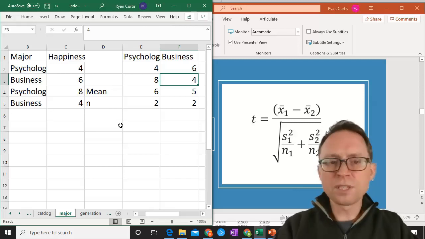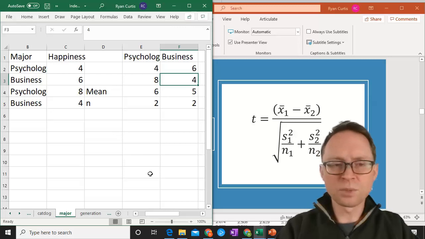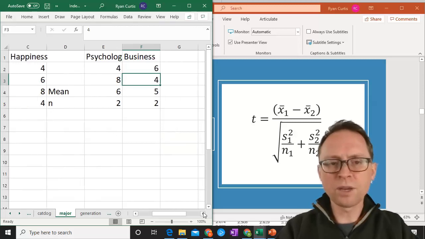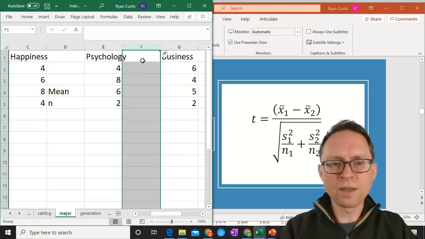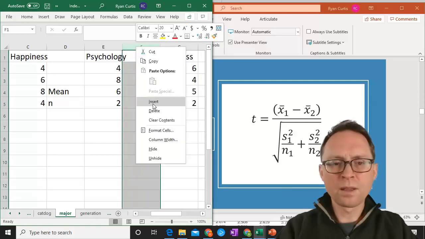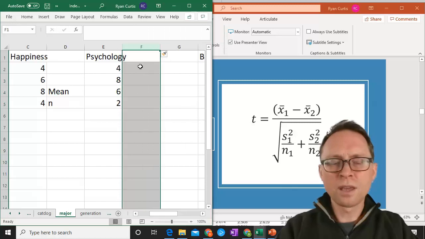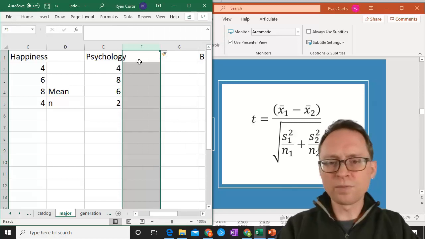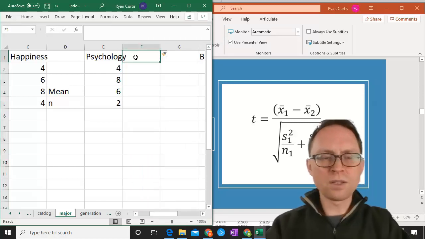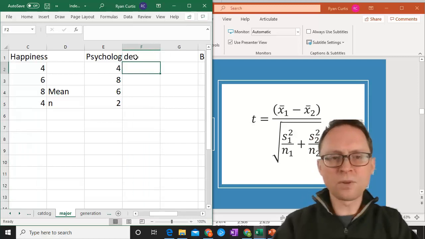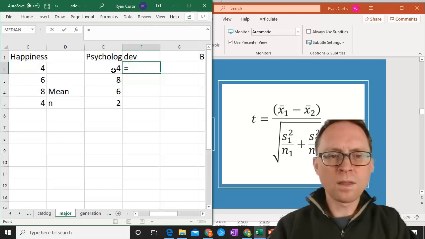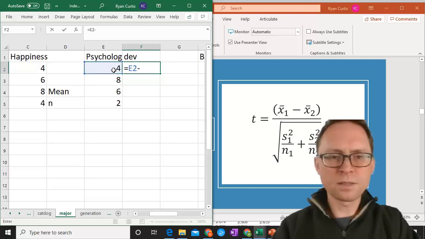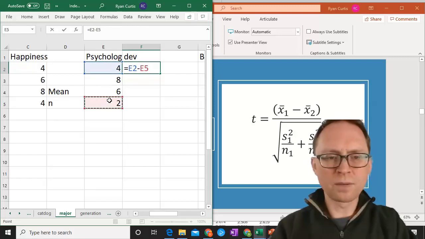So if I need to figure out my t-score, there are several things I need to figure out. The first is we better figure out what our variance is supposed to be. So let's go ahead and get our variance. I'm going to do this the old-fashioned way by looking for the deviations and squaring those like we've done in the past. So for psychology majors, the deviations are going to be x minus x bar, right?